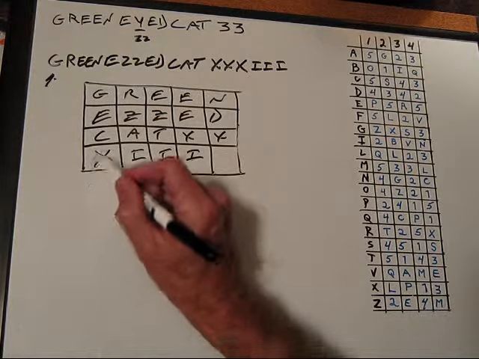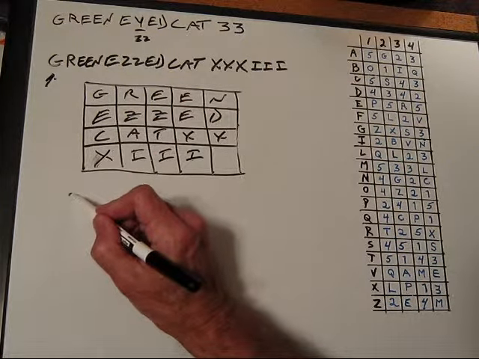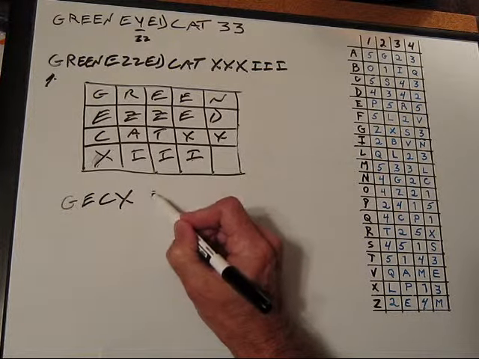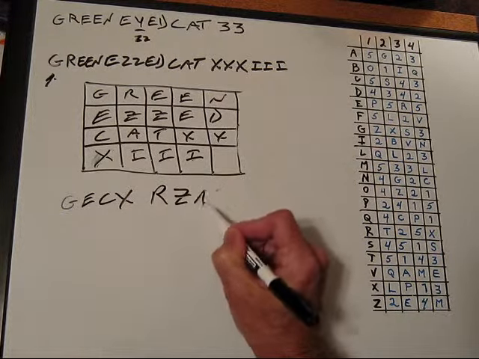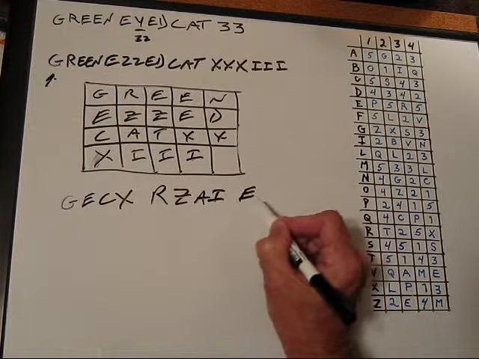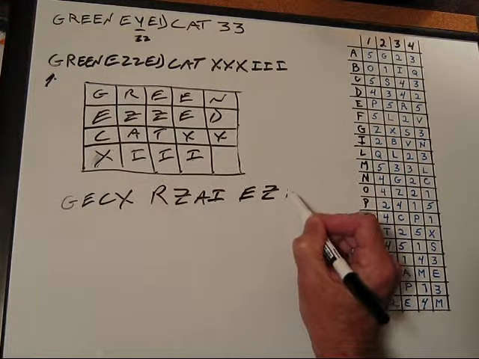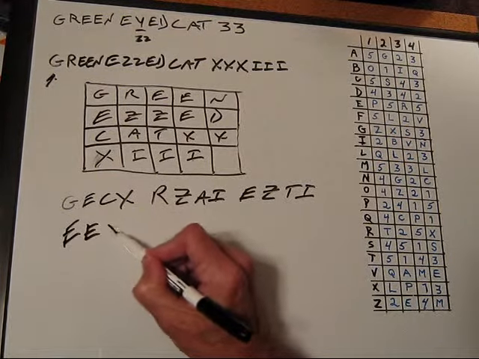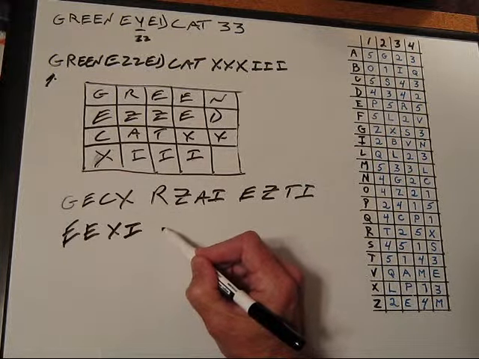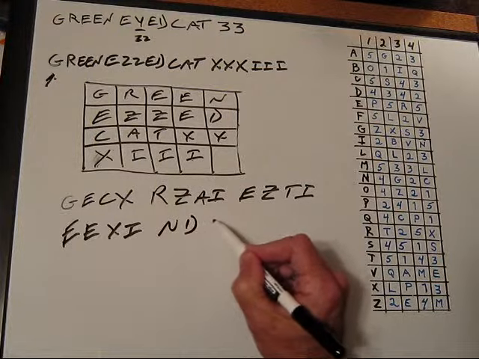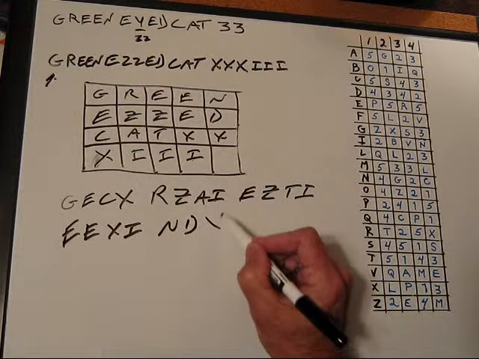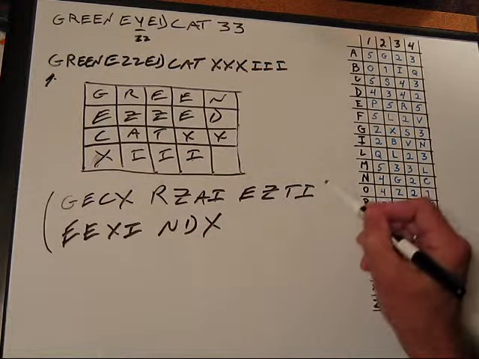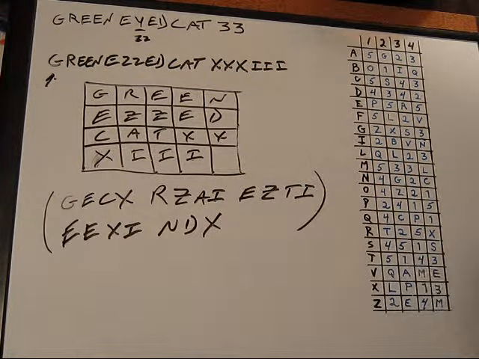So this would give us, going by columns now, GECX, RZAI, EZTI, EEXI, and NDX. So that is what we're going to start off with for the Alberti cipher.